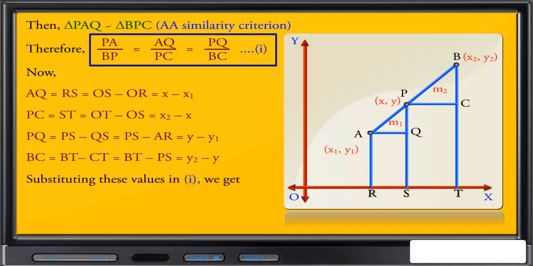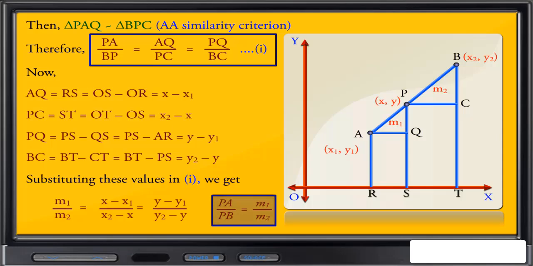Substituting these values in 1, we get m1 upon m2 is equal to x minus x1 upon x2 minus x is equal to y minus y1 upon y2 minus y.